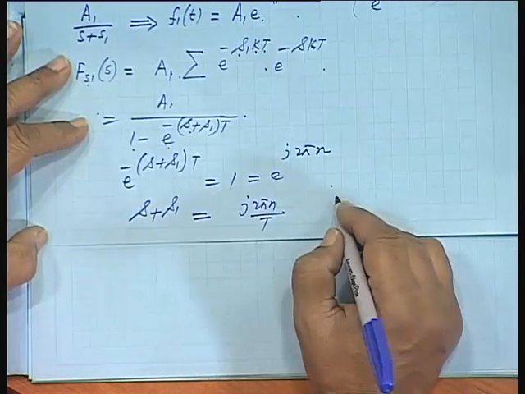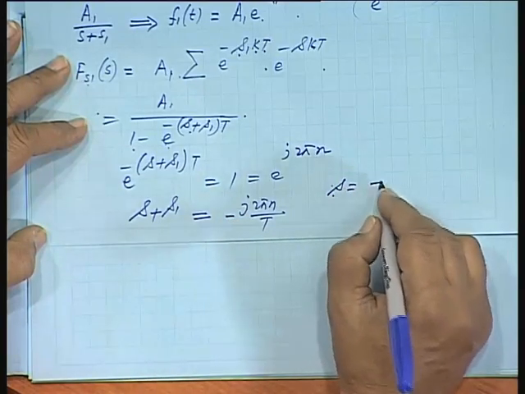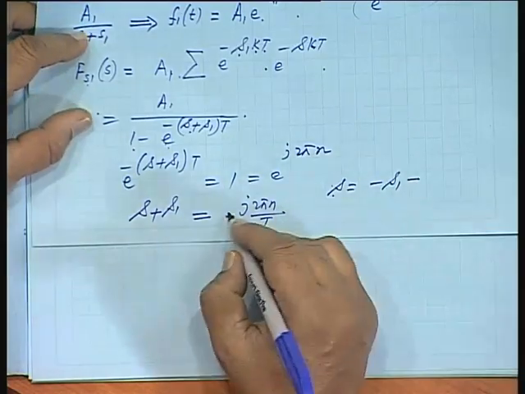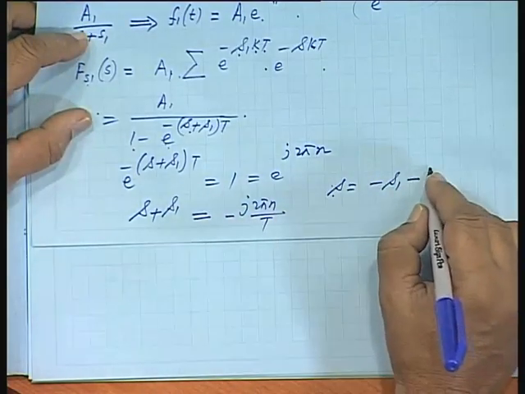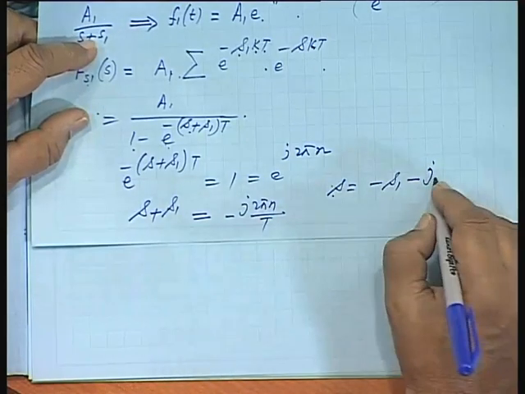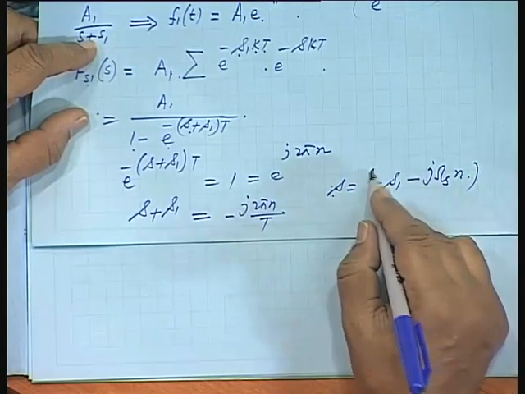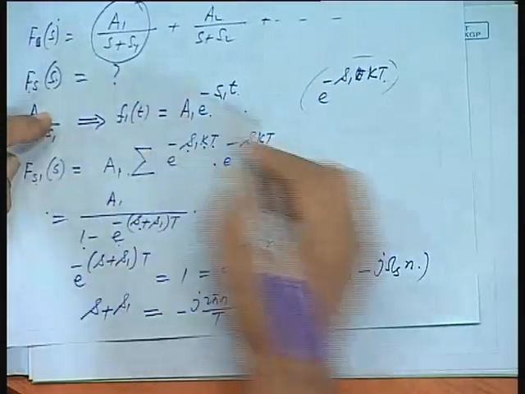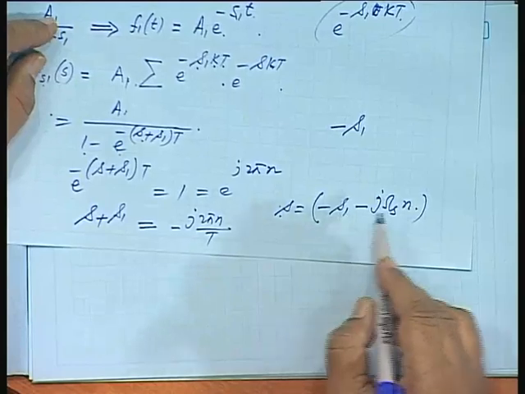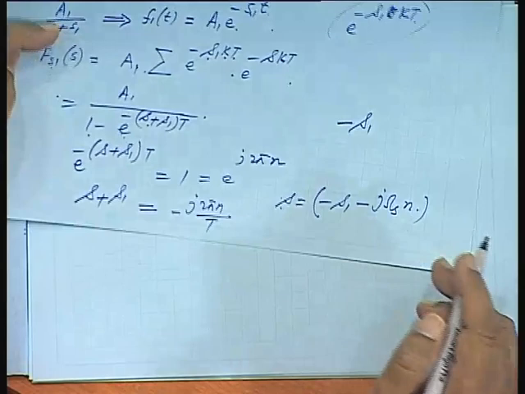Okay, let me put it minus, then S is equal to minus S1 minus, it can be plus or minus, j 2 pi by t is omega sample, omega s into n, all right. So, S equal to minus S1, the root at minus S1 will generate minus S1 minus or plus n times j omega s. What does it mean?